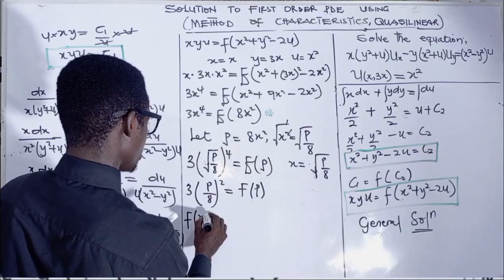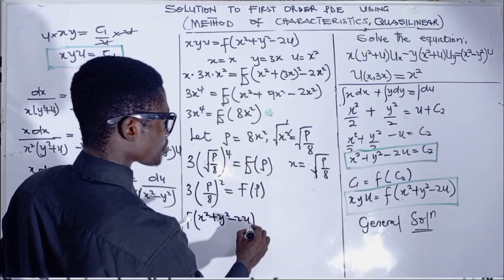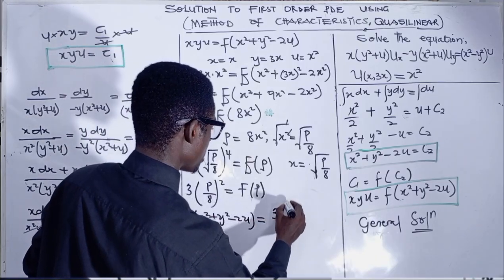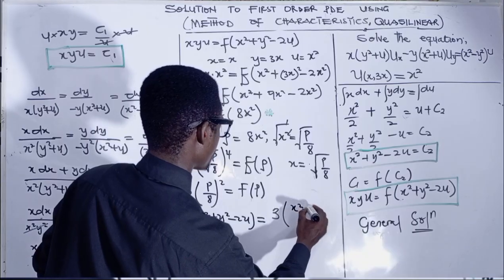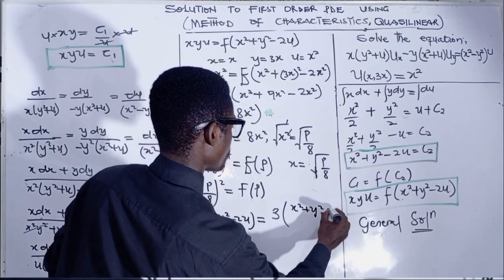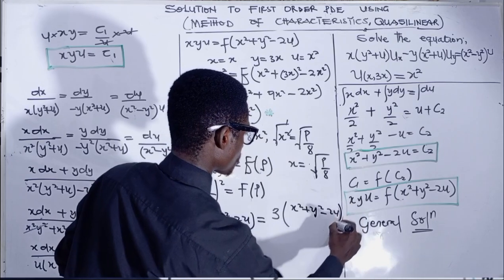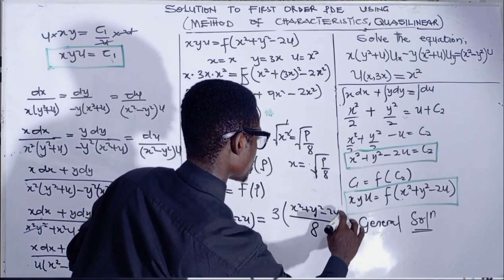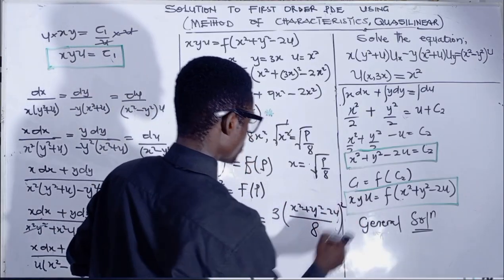So we have x squared plus y squared minus 2u is equal to 3, and then bracket. We are saying that p is this. So we have x squared plus y squared minus 2u all over 8, and this is all raised to the power of 2.